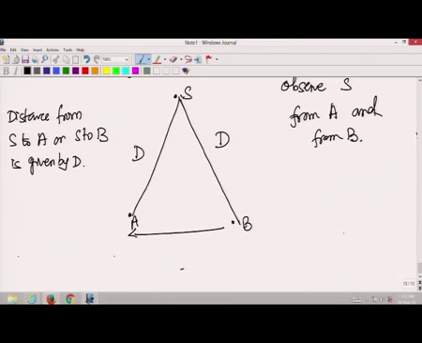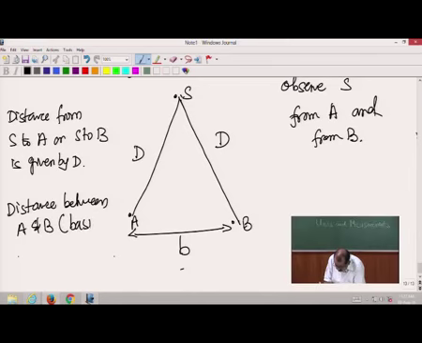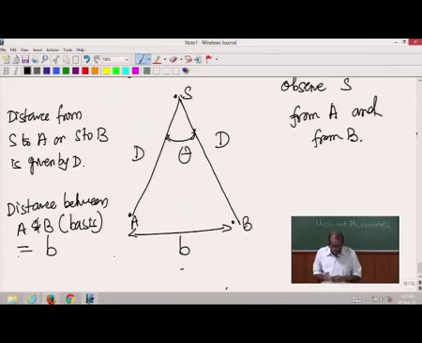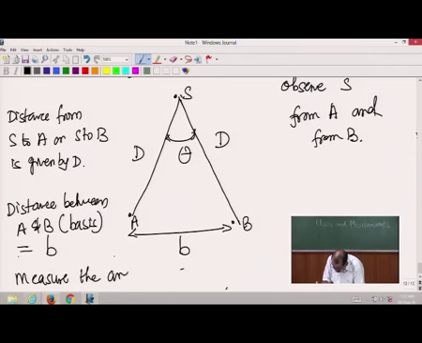Now, the distance between A and B, which is actually the basis, is known to us, and we say it is equal to B. Then we measure the angle between the two directions along which S is viewed.